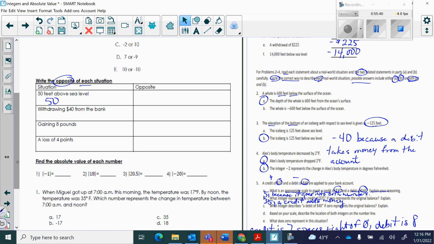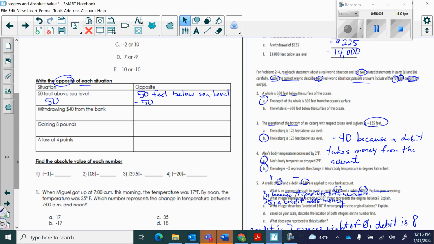Negative 50. In words, talking about sea level, what would that be? That's why we're giving you an example. So the opposite would be 50 feet below sea level. Does that make sense? Okay.